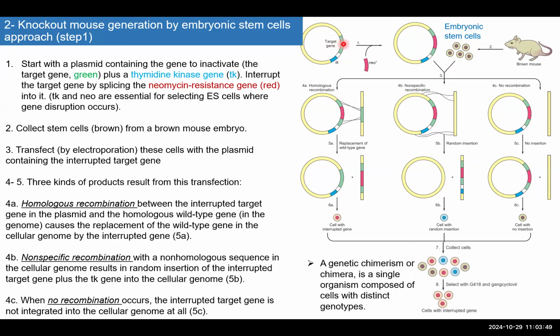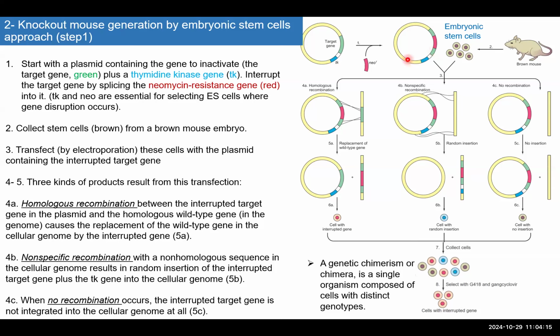We know it here in green color. And at the extremity of that gene, we put the thymidine kinase. So it's away from the gene. It's like downstream of that gene. Then we interrupted the gene by introducing the neomycin cassette in the site. If you want to make it easy on you, let's imagine it's exon number 2.